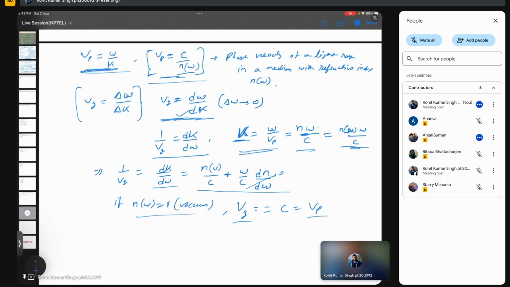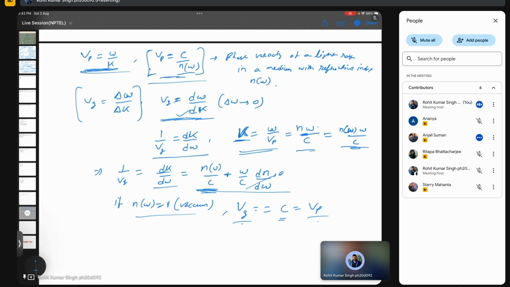Is it okay? Now what we see here is, if you have a wave in vacuum, then the group velocity and phase velocity are the same thing, equal to the speed of light c, because here n is 1, so dn by d omega will be 0. What remains is 1 by c, so vg is equal to c.